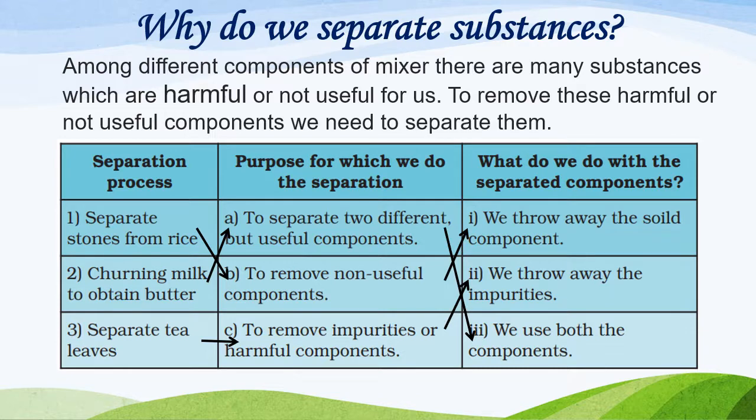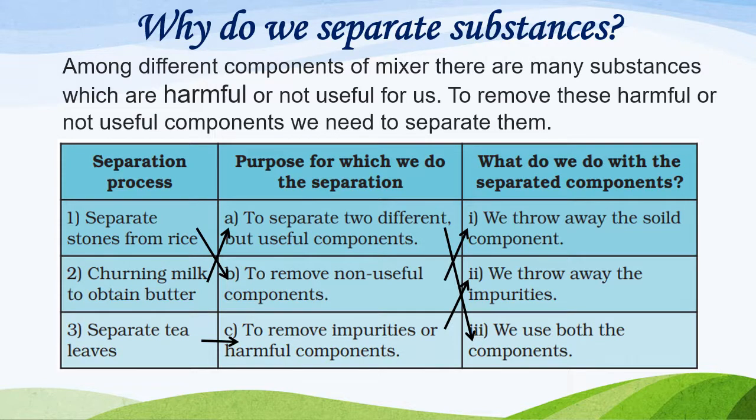Now second, B, to remove non-useful components. Yes, this is correct for it because we need to separate non-useful components from useful components. Because stone is a non-useful component, we have to remove it. So B is correct for the first.